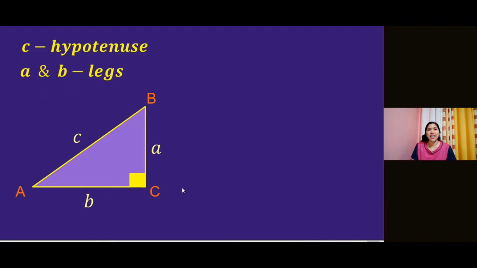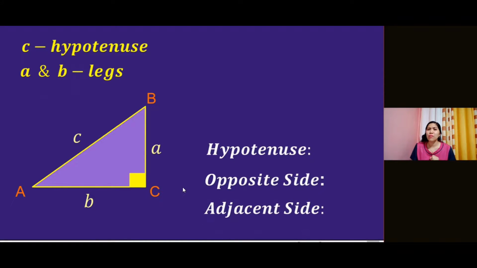Now, there are instances that you will be asked to determine which one is your hypotenuse, your opposite side, and your adjacent side. Now, it would be easier for you to identify the hypotenuse because it is the longest side and it's the side opposite to your right angle. So in this illustration, what is your hypotenuse? That is your side C. So you have here C as your hypotenuse.